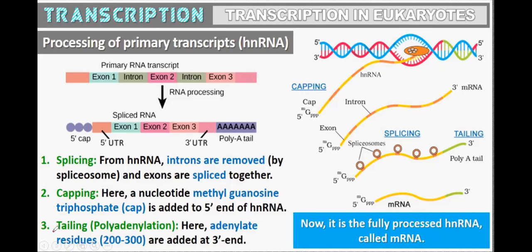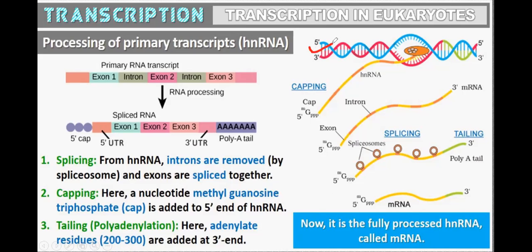Then the third step is tailing, called polyadenylation. Here, 200 to 300 adenylated residues are added at the 3' end.